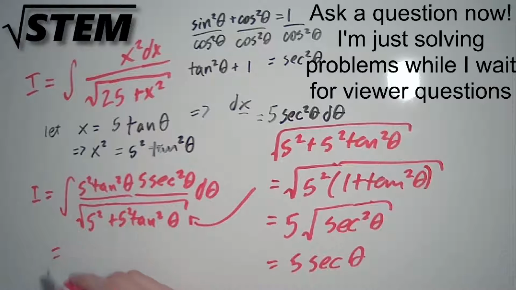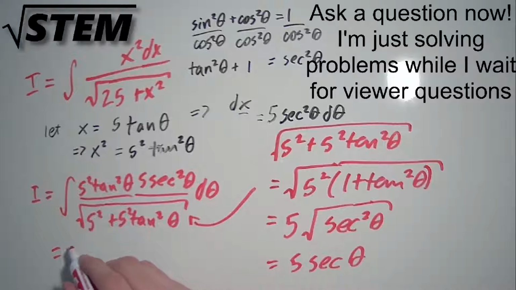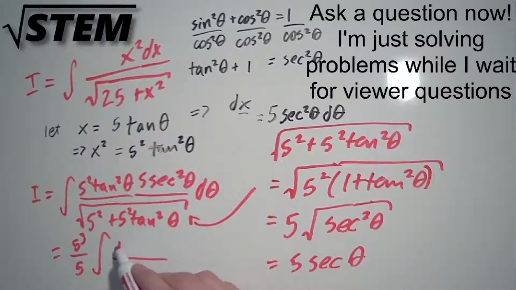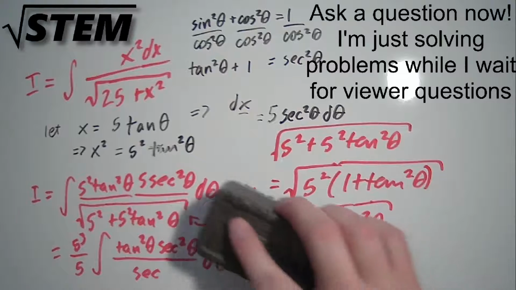So when we rewrite our integral on the next line, let's bring out all of these 5's. We have 5 cubed on top and a single 5 on the bottom times the integral of tangent squared secant squared over secant. Now we definitely need to erase some stuff.